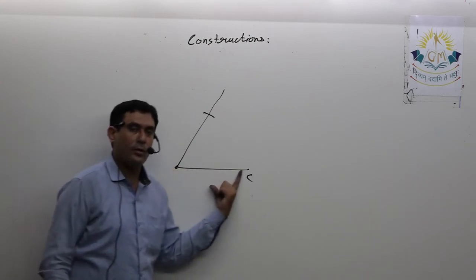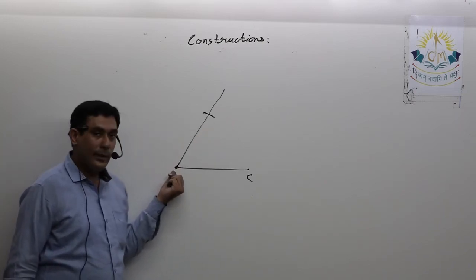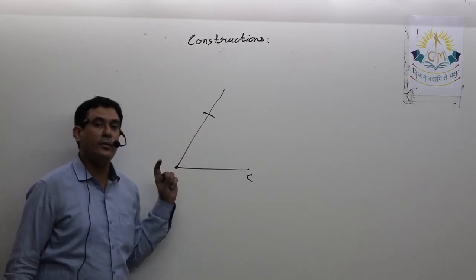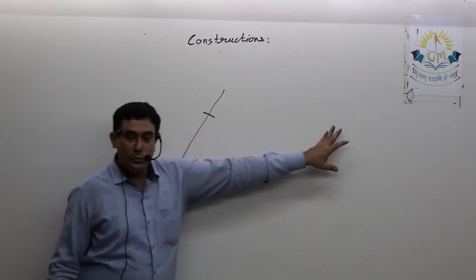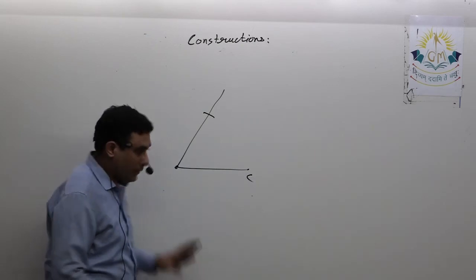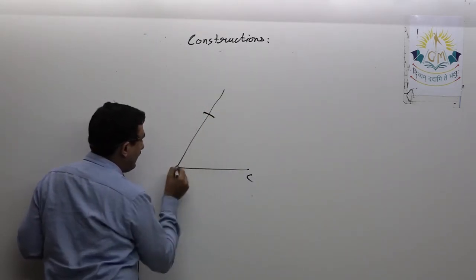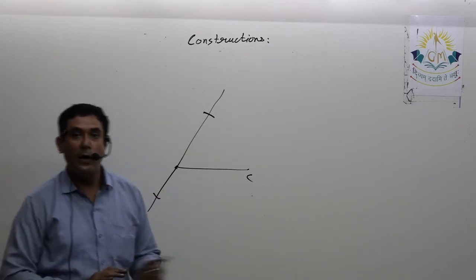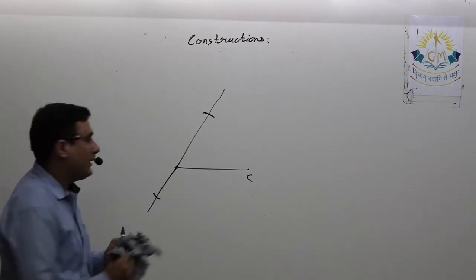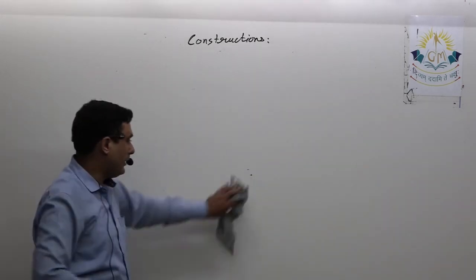That means first we will draw the base, then we draw the base angle, then we take the base angle point as the center and we draw the arc equal to the difference of the sides. Now in some cases you have to take the arc above the base, and sometimes you have to take the arc below the base. Okay, how to decide that? That is the only thing that you have to understand over here. After that, again, the process is the same.